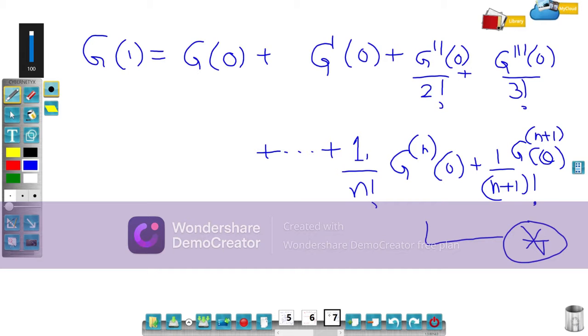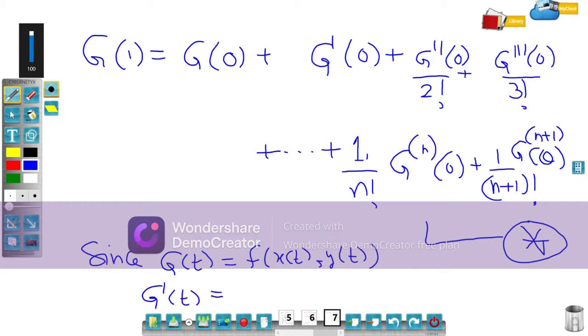But instead of this, what I'll say is as follows. Since g of t is equal to f of x of t comma y of t, the g dash t will be dou f upon dou x into dx by dt plus dou f upon dou y into dy by dt.